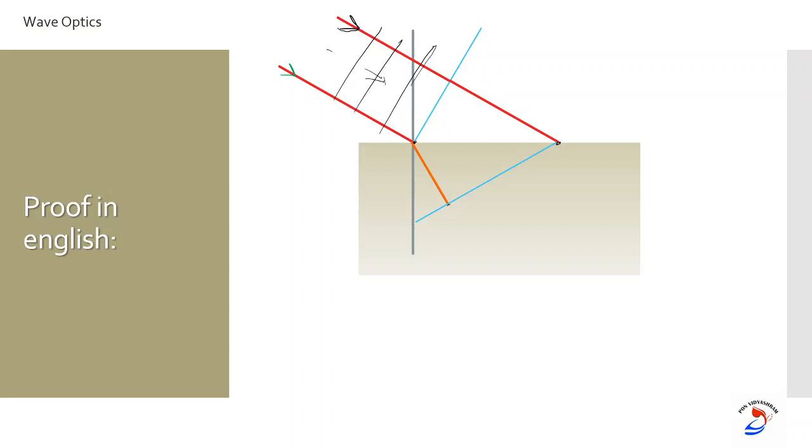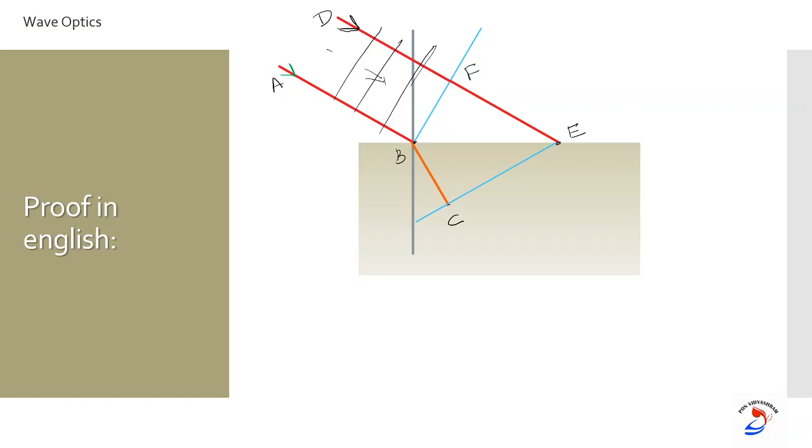Let's name this. Let's say this is A and this is B. This is C. Let this be D. Let this be E. Let this be F.